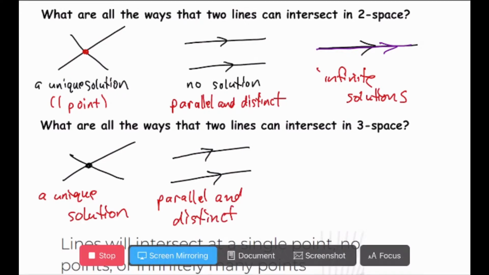A new possibility that we have to consider now is skew lines. Skew lines are 2 lines that are not parallel, but there's no intersection.